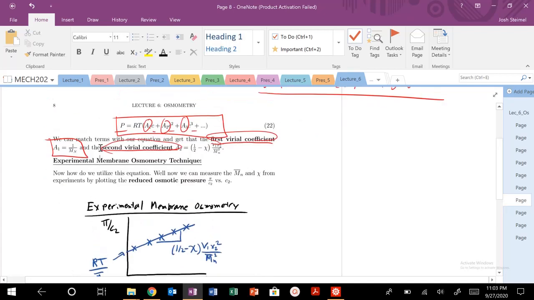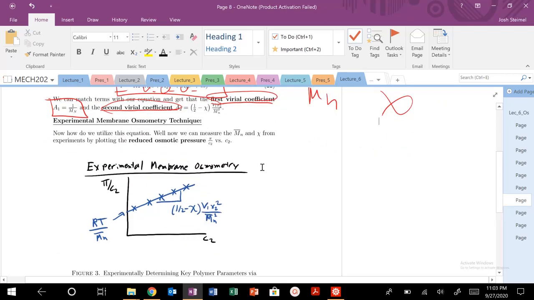How do we use this equation to measure properties like Mn and chi? We're going to create a plot similar to the one we did for our intrinsic viscosity measurements. We plot the reduced osmotic pressure, our osmotic pressure divided by C2, as a function of C2.